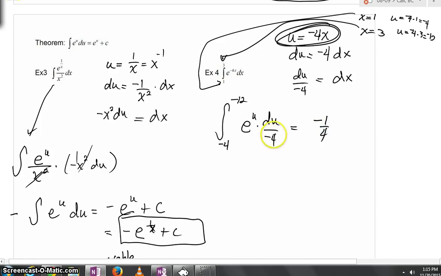Look, I'm going to pull out a negative 1/4, but sometimes it still troubles kids. They look at that and they're like, oh man, that just doesn't look right. I want to see the smaller number on the bottom. And you know what? If that really bothers you, you can change that. You're always free to change the bounds.